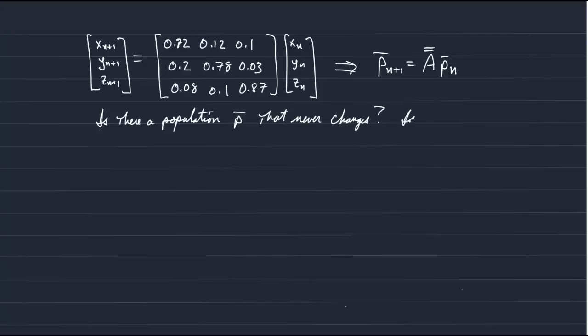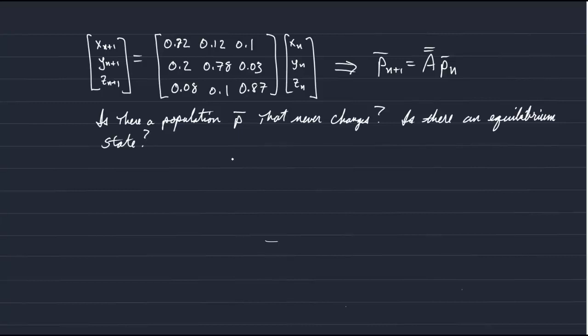That is, is there an equilibrium population state? In other words, if we let people move to and from the states, will there ever be a point where the populations in each of the states doesn't change?